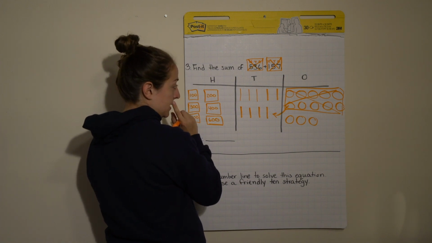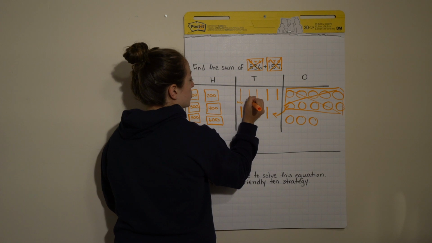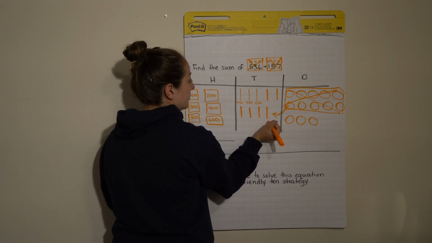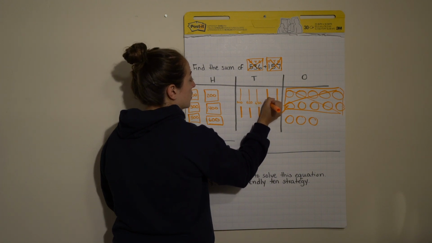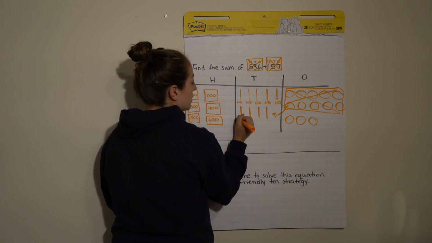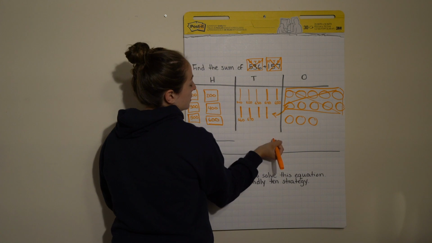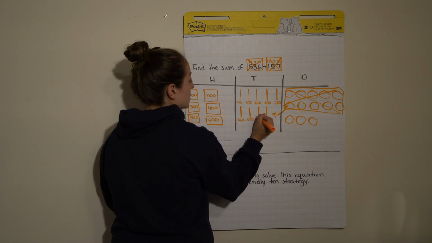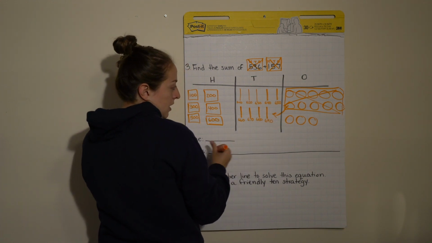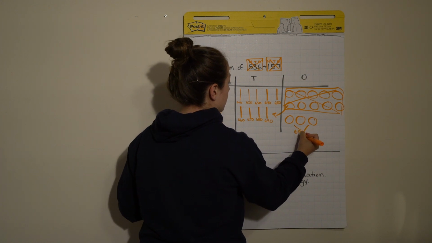Now I'm counting by 10s. 610, 620, 630, 640, 650, 660, 670, 680, 690, and I have 3 left, so I know that it's 693.